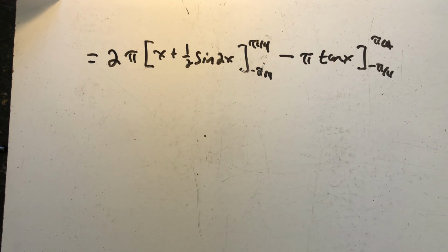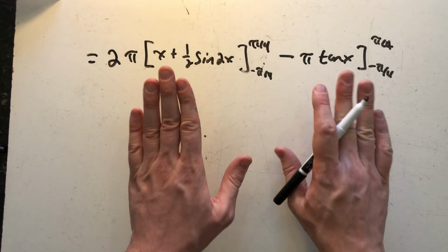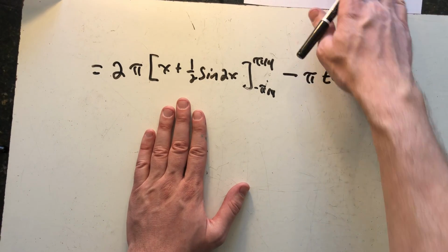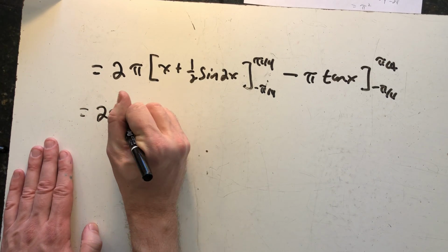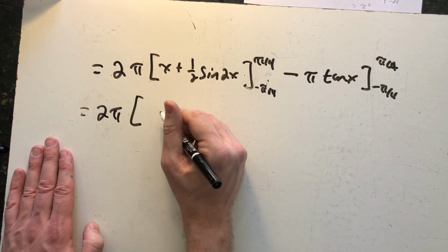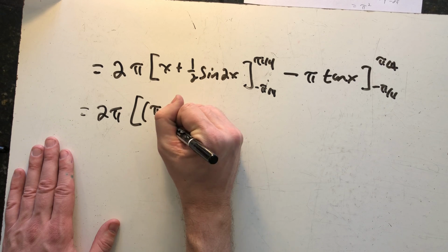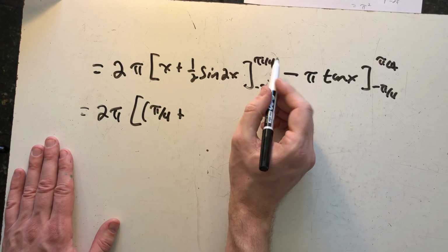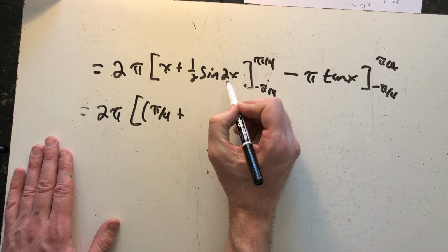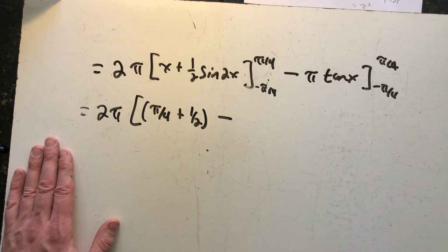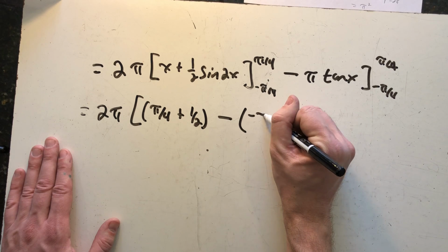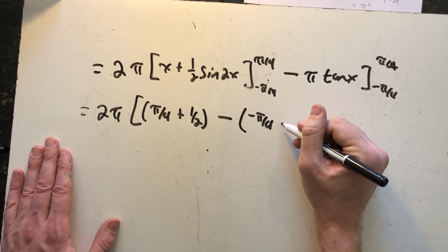So all that's left to do now is to evaluate these 2 little bits and then to find our final answer. So let's see, I have 2 pi times, I need to plug that pi over 4 in, so I get pi over 4 plus, well, when I plug a pi over 4 in, that's going to become a pi over 2, so I'm just going to get a 1/2, minus what happens when I plug a minus pi fourths in, so minus pi fourths.